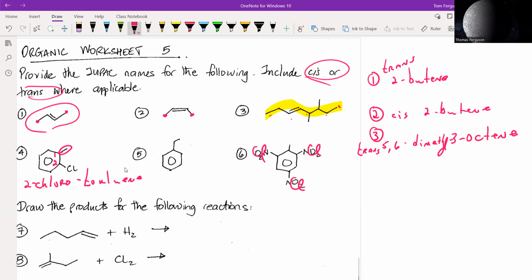Okay, so this next one, we have an ethyl group on the benzene. You said both would be partial credit.